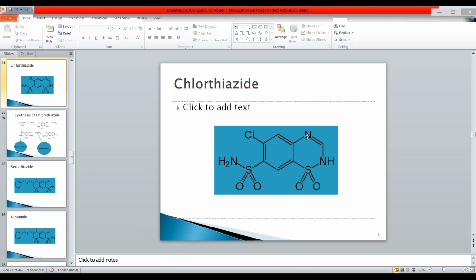This is fourth, this is fifth, or eighth position. This is 8. Substitution of alkyl group at 4th, 5th and 8th position decreases diuretic activity.